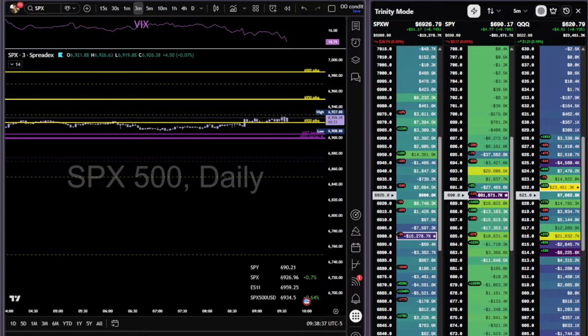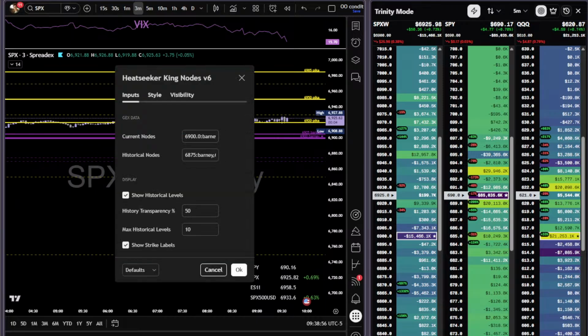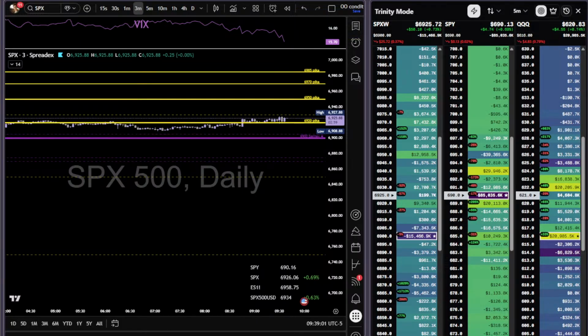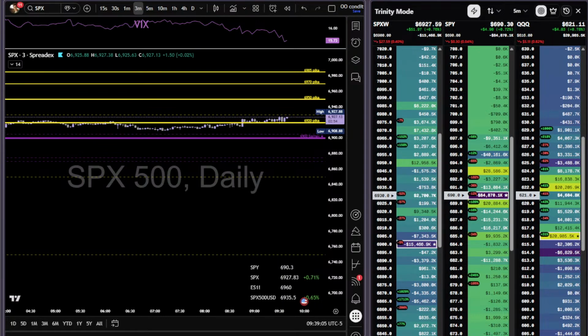690 SPY has the most magnet pull right now. And then the sum of the numbers above is a little higher than the sum of the numbers below. We're kind of stuck right now.